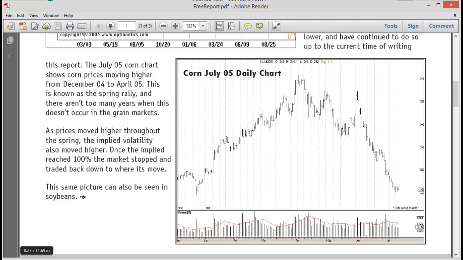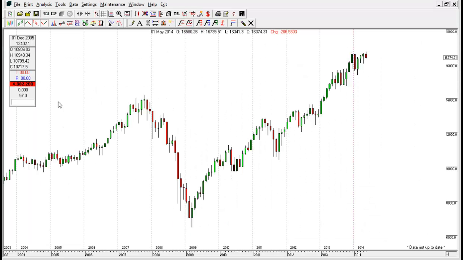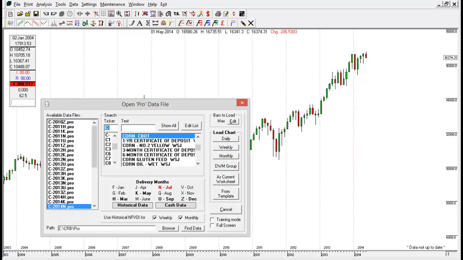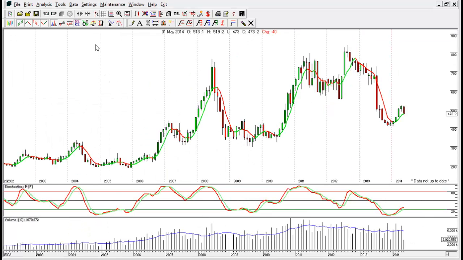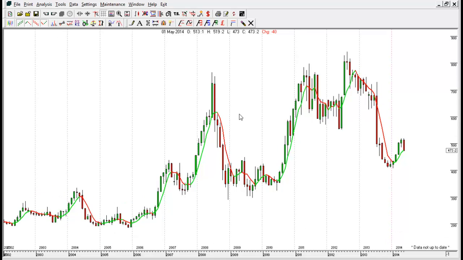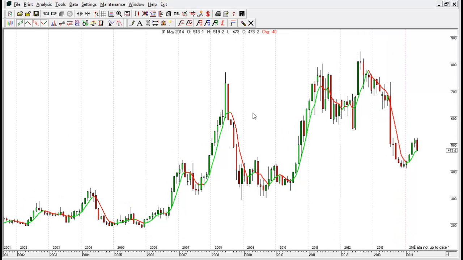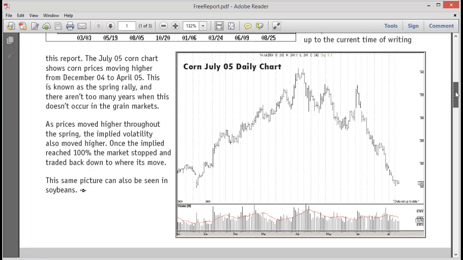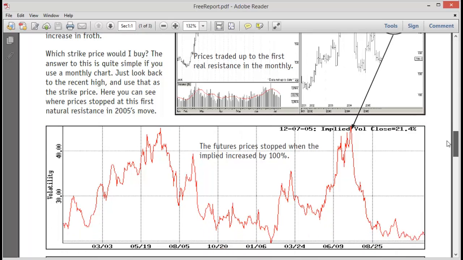And if you go and have a look at the corn market now in 2014, and if we just look at a monthly chart of it, you can see through 2005 to 2006, 2007 and 2008 that we had a massive move in the market, and again preempted by what we saw in the implied volatility charts, because once these markets move, they move an awful long way.